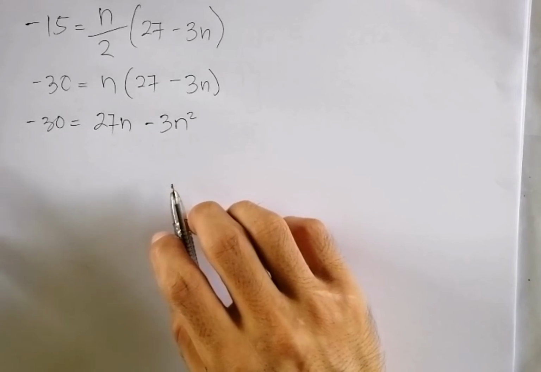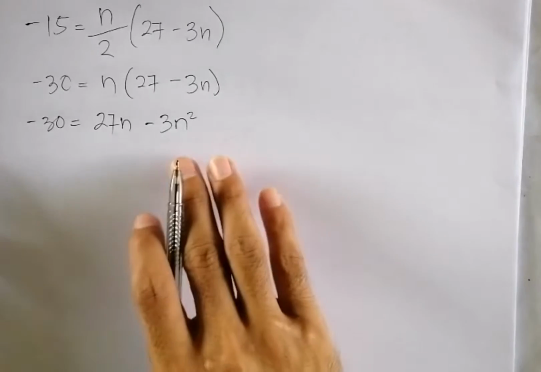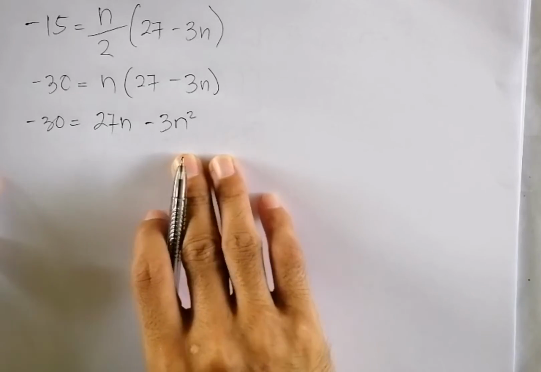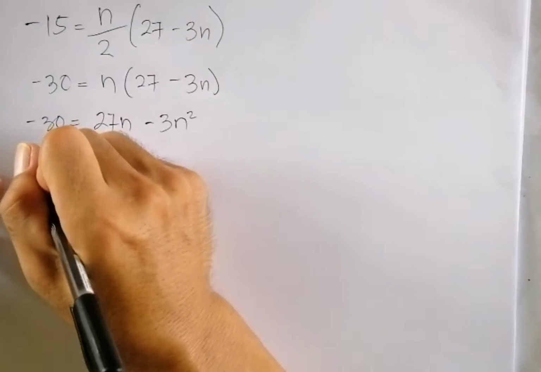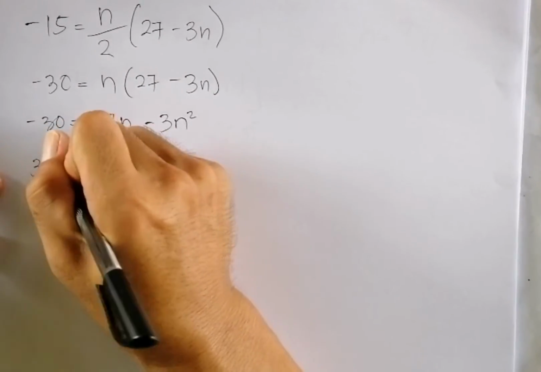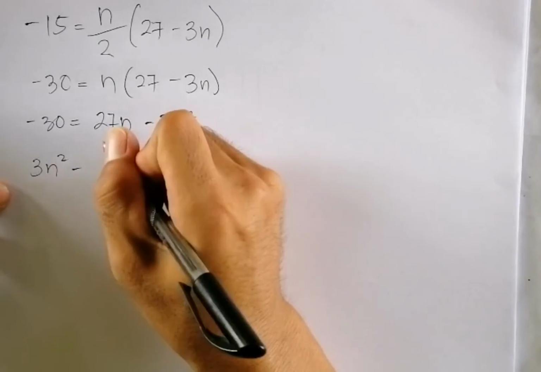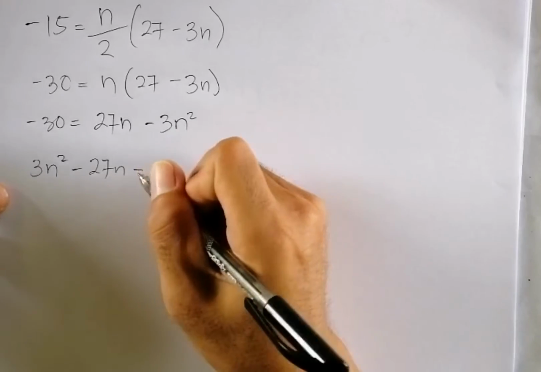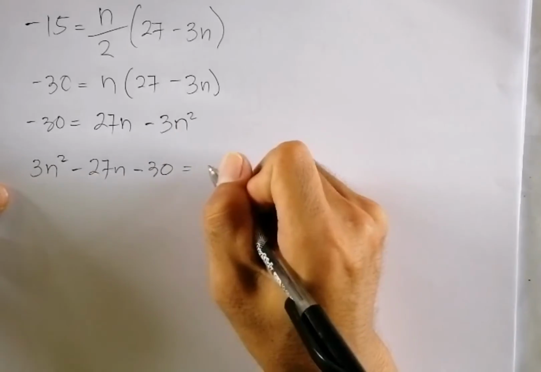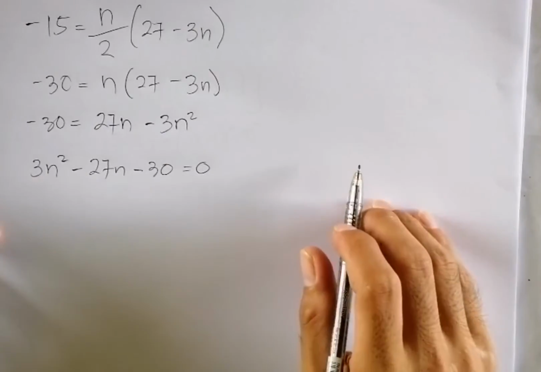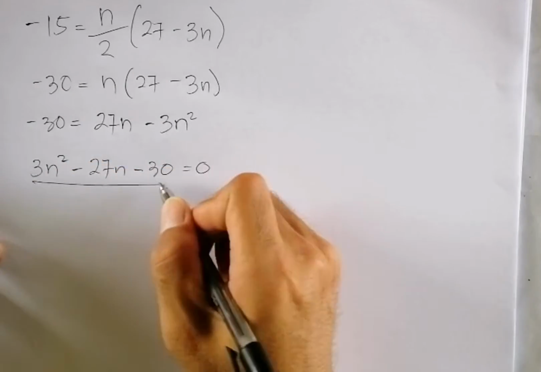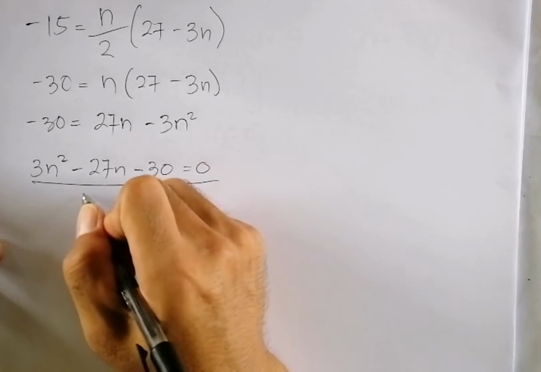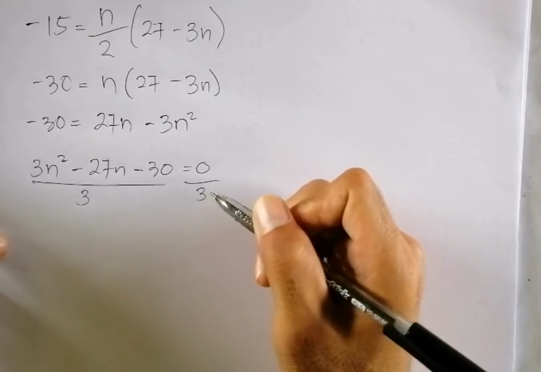Then the next thing to do is to transform the equation into standard form. So we have positive 3n squared minus 27n minus 30 is equal to 0. Then divide both sides of the equation by 3 so that it's easy for us to factor.